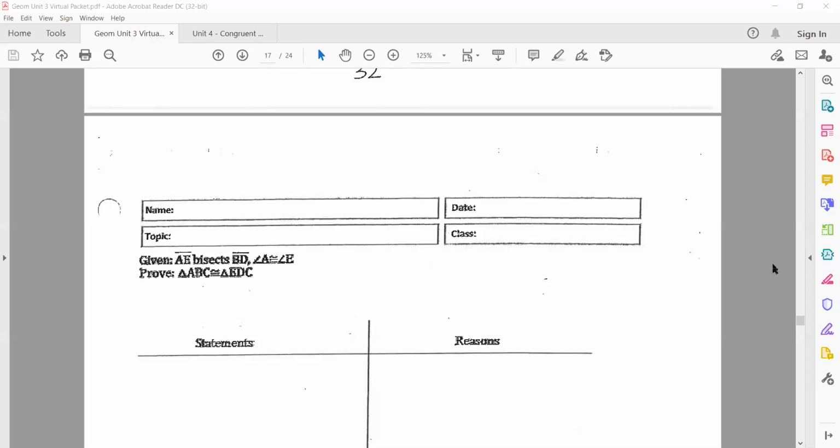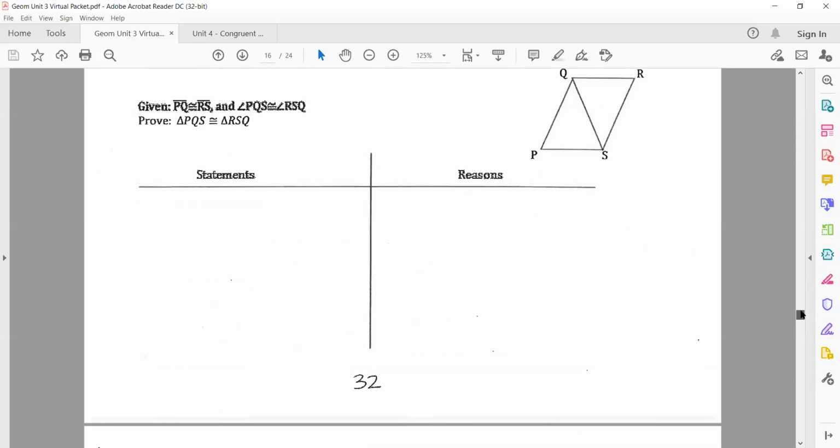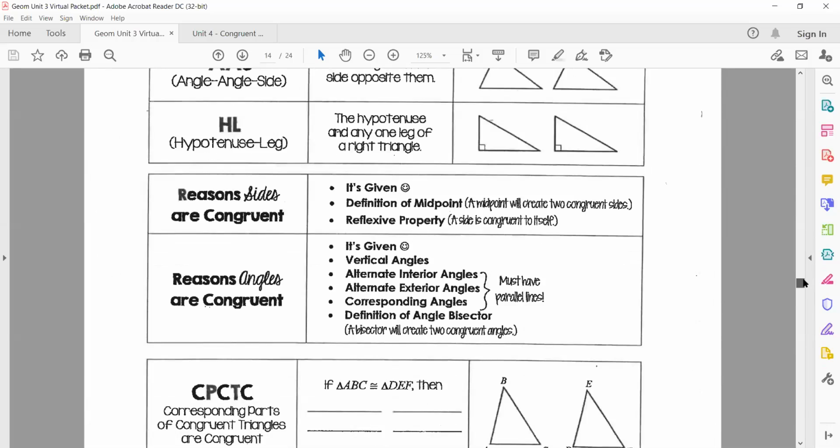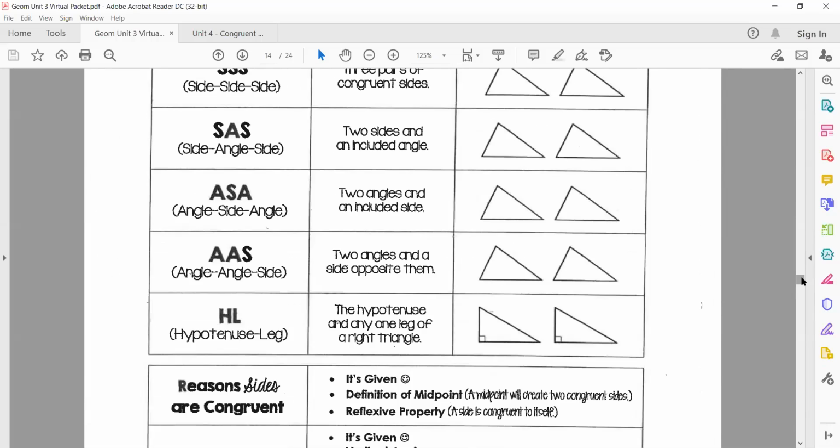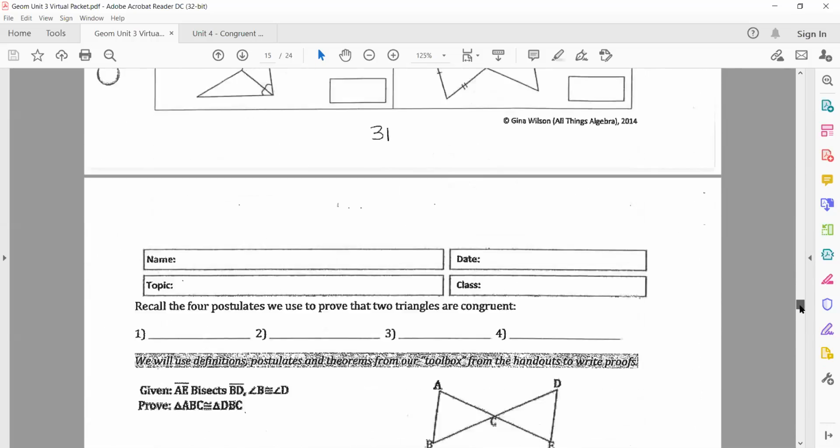Now, the parts in the handout that we've been talking about, side angle side, side side side, angle side angle, AAS, angle angle side, and hypotenuse leg, those are new. Maybe you've never seen them before, but you will be tested on them. So be sure that you know those.